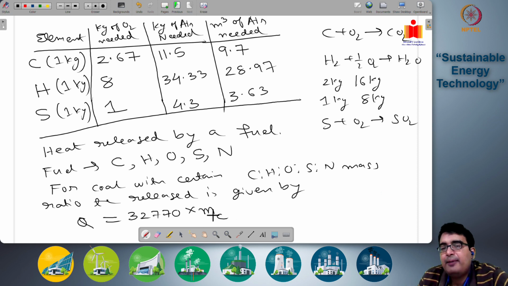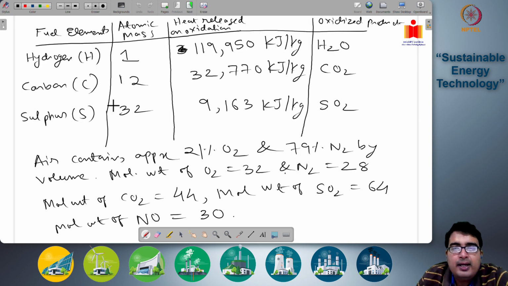So MC is the mass of carbon present in a certain amount of coal. Alright. And 32770, what is that? That is the amount of heat released per kg of carbon.